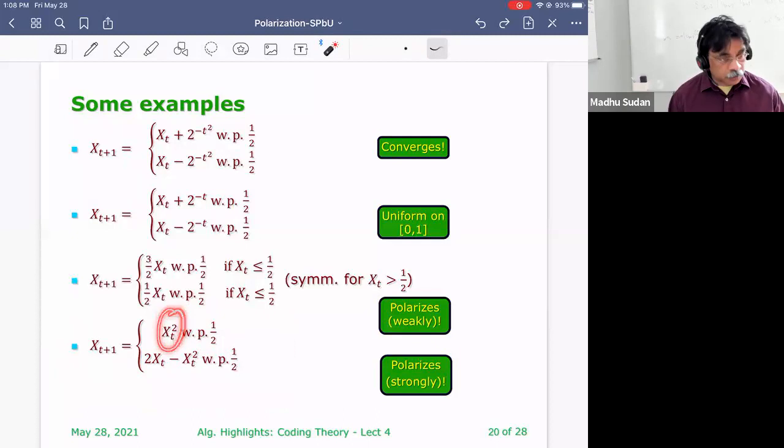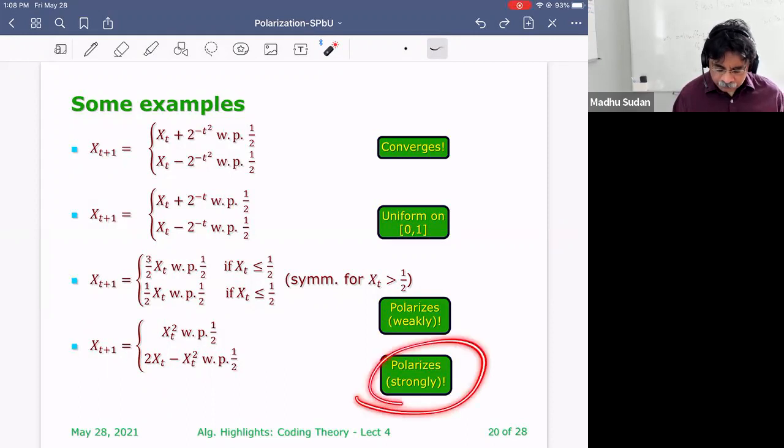The other option is symmetric: you're further away from 1, but this one is symmetrically closer to 1 after one step. And the two options are chosen so that when you take the average, you get x_t. So in expectation, x_{t+1} is x_t. But if you're close to 0, you're very, very close to 0 in one step.